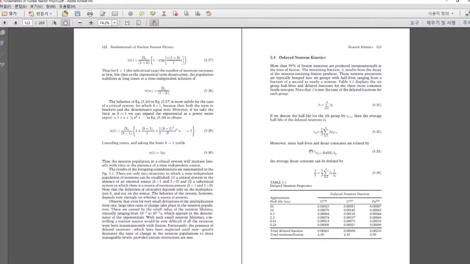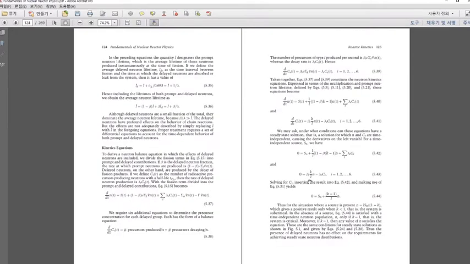So these were some basic quantities related to delayed neutron fractions, and we derived kinetic equations.